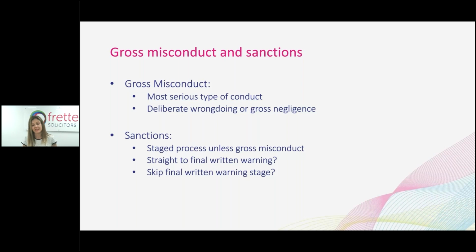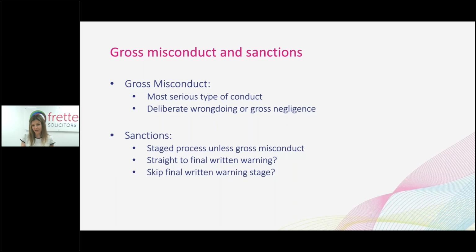What about dismissing somebody with a first level written warning on file, skipping the final written warning stage? Well, obviously, if it's gross misconduct, that's okay. But what if the second act isn't gross misconduct? Well, the ACAS code is silent on this point. It might be the final written warning carries with it, either expressly or implicitly, that any further misconduct during the life of the warning could result in dismissal, whereas a first warning doesn't carry that potential risk with it, or the potential outcome for the employee.